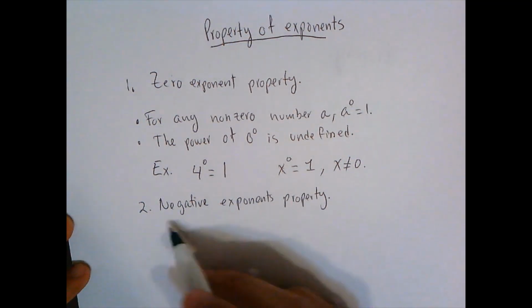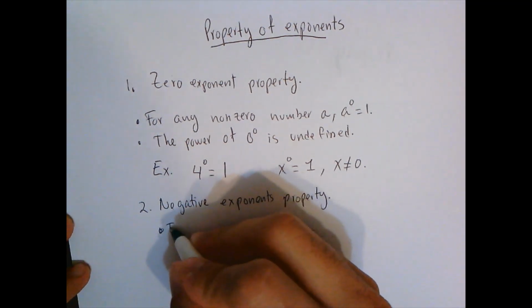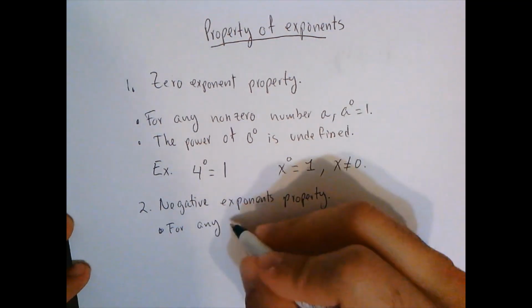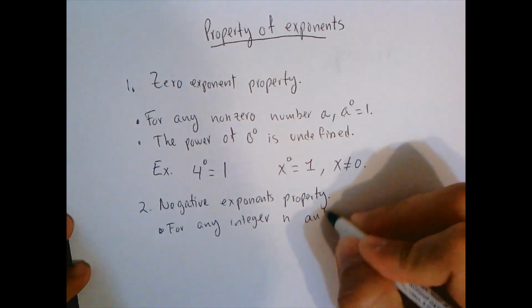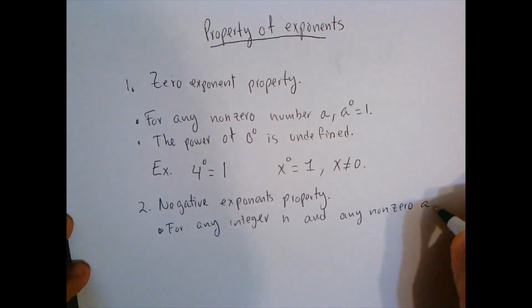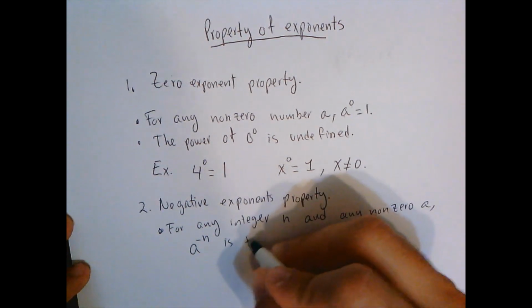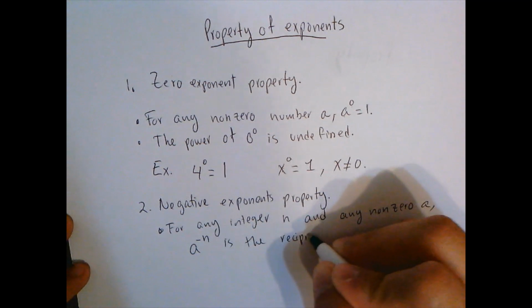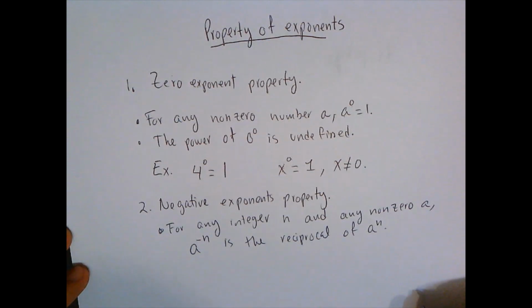What this says is that for any integer n and any non-zero a, a raised to the power of negative n is the reciprocal of a to the power of n. Maybe if I give you an example or two, it will be very easy to understand.